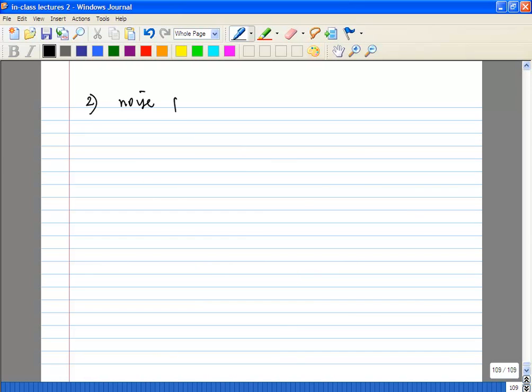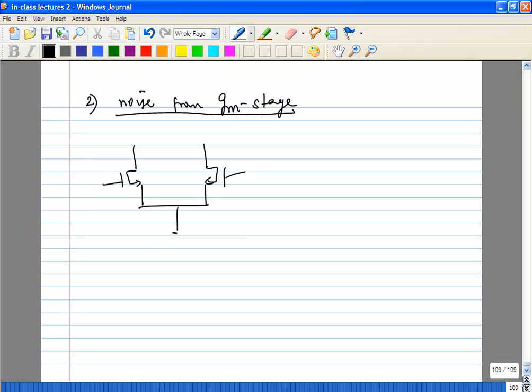So next, let's look at the noise from the GM stage. Again, we'll go back to the single balance mixer. So this is of course V bias plus VRF.